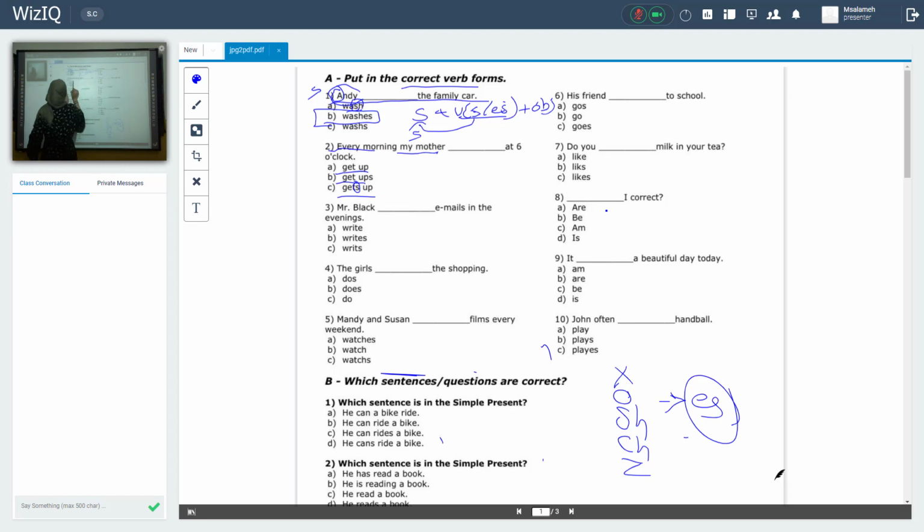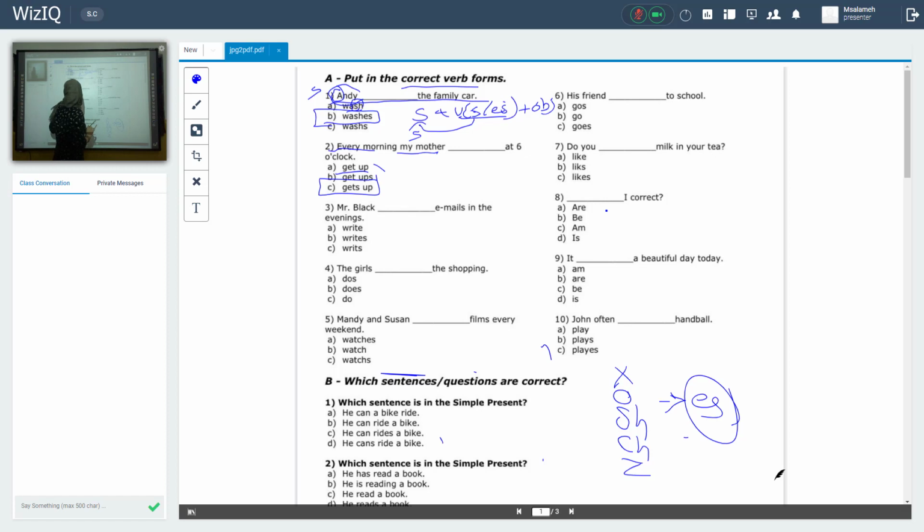So get up is wrong because we should add S or ES to the verb, not to up. Okay, so the right answer is what? Gets up. Number C.